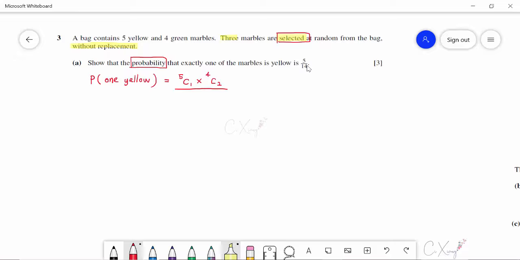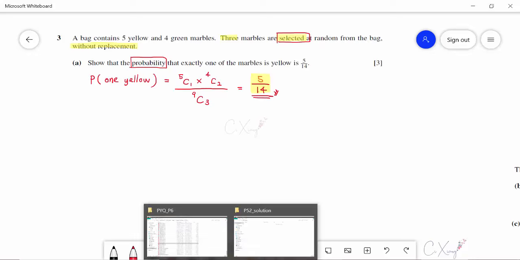So in total, you have 9 marbles and you want to choose 3 from them. All right. Okay, so by using this method, you just press the calculator and should have no problem getting the answer, which is 5/14. Right, so this is what we have for part A.